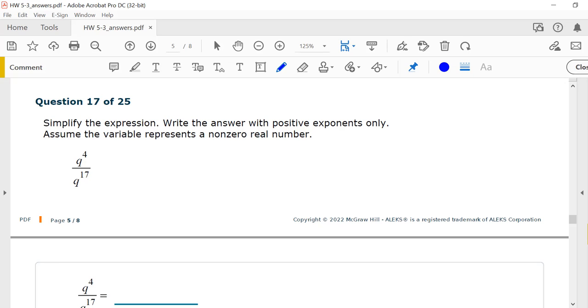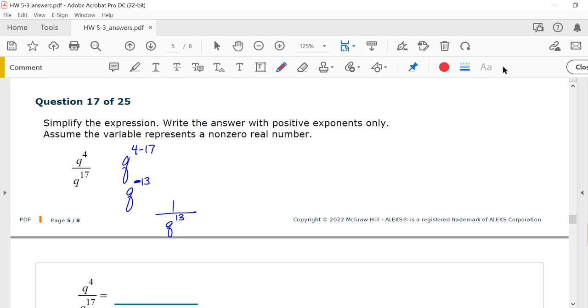Number 17. q to the 4 over q to the 17 is q to the 4 minus 17, which is q to the negative 13. I don't like the negative, so I'm going to do 1 over q to the positive 13.